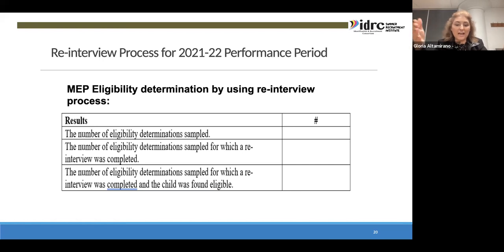Like if it was a 5, it'll take every single COE that had been inputted that ends in a 5 and pull them into our eligibility sample.